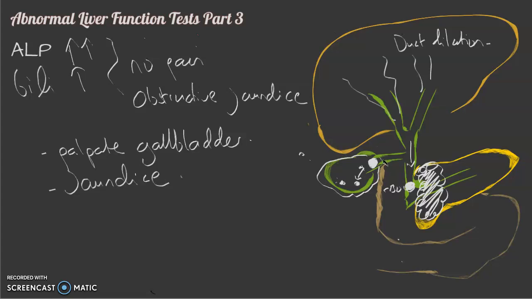The reason is, usually if it's a chronic gallstone issue, you shouldn't be able to palpate the gallbladder because of the fibrosis that occurs. So Courvoisier's law points towards pancreatic cancer.